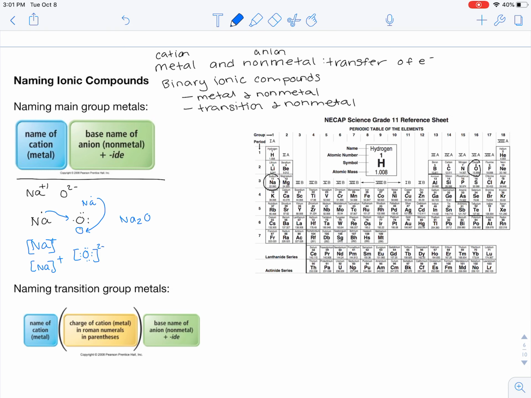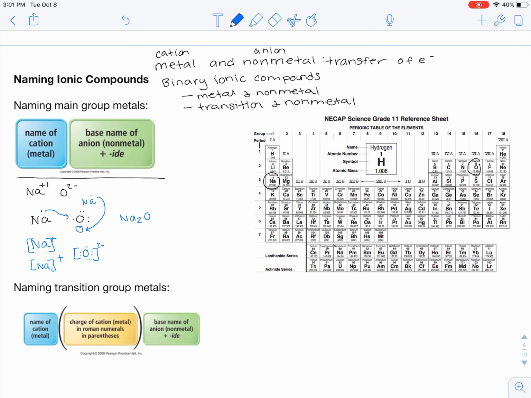And the way that I would write that is, it's binary, metal, nonmetal, not a transition metal, just sodium oxide, changing the ending.